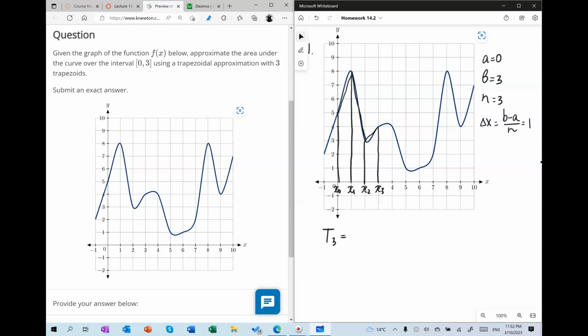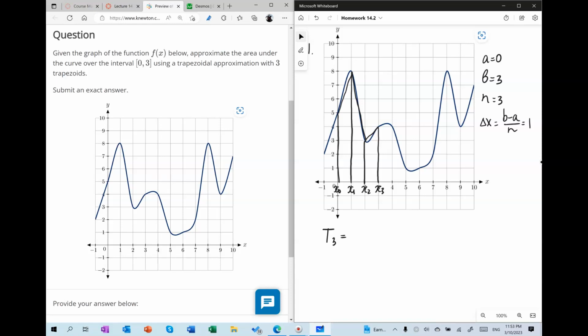We can just use the fact that the area of each trapezoid is half of the area of the rectangle founded on each of its bases.